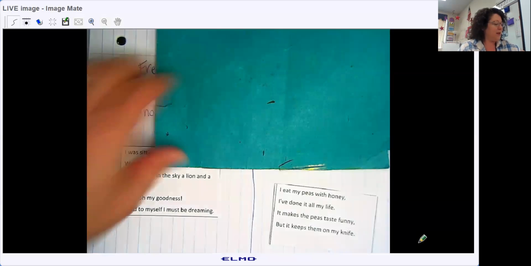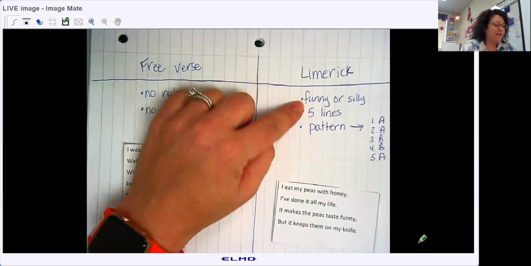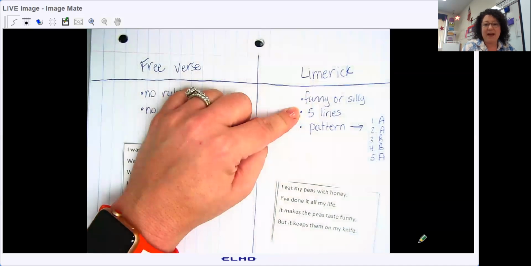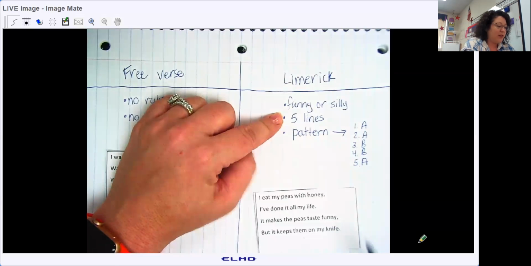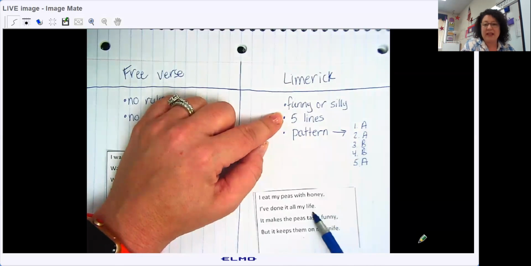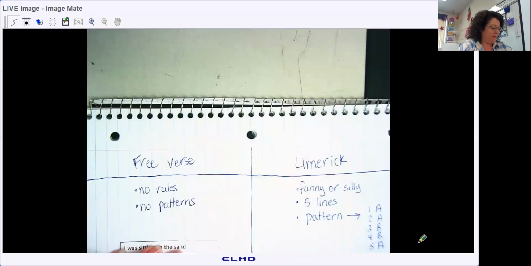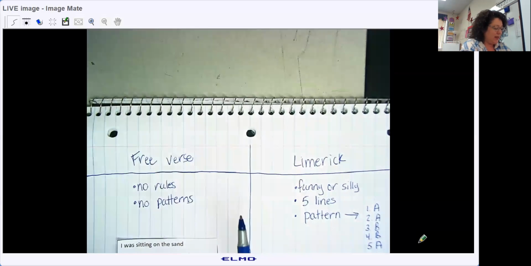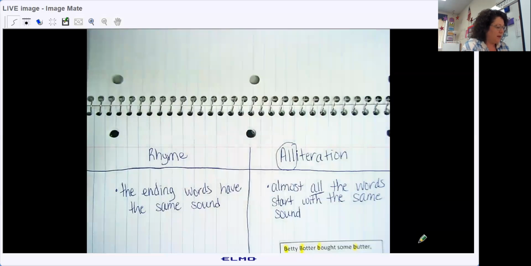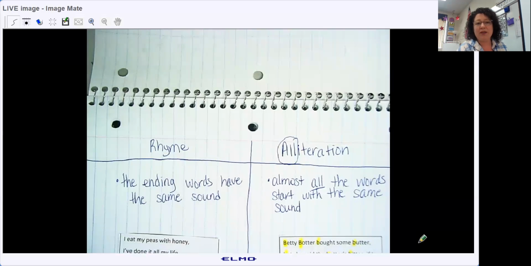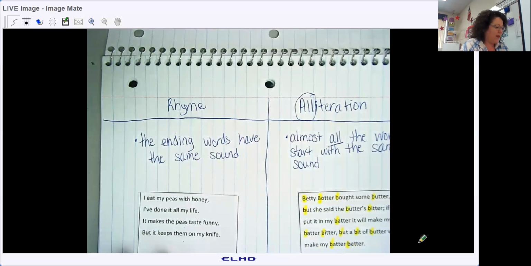Okay, let's see. Is it a limerick? It is funny. Does it have 5 lines? 1, 2, 3, 4. Nope. Does it even follow the A-A-B-B-A pattern? Do lines 1 and 2, honey and life, rhyme? Nope, so it can't be a limerick. Let's see. The ending words have the same sound.